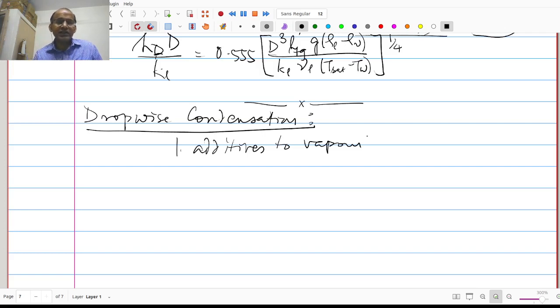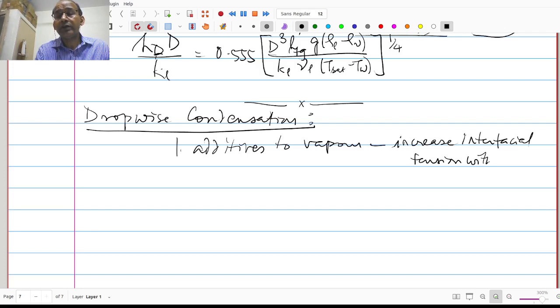So this basically increases the interfacial tension with the solid surface. The second possibility is to coat the surface with oil.